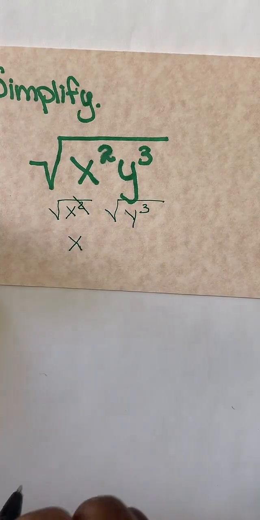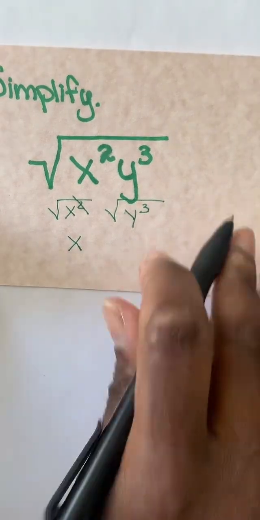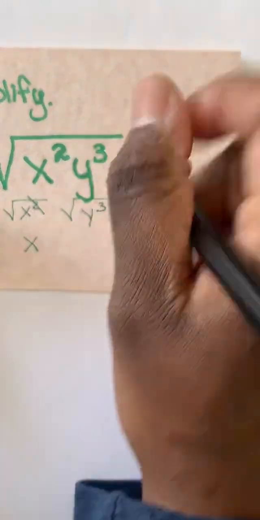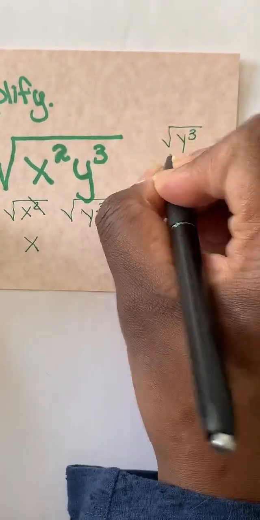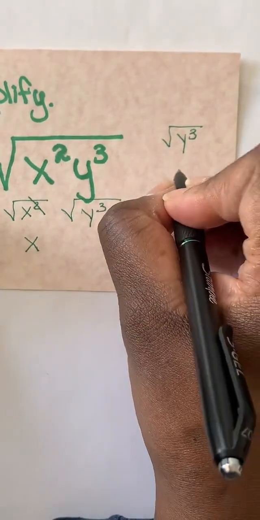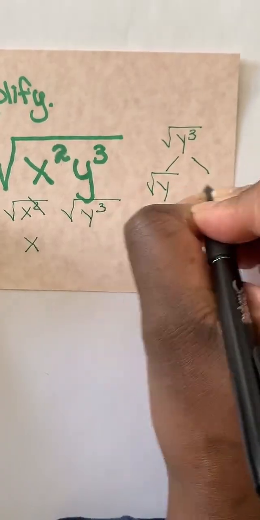So here's one way that we can do it. And there's multiple ways of doing this, right? One way, if I wanted to break down the square root of y to the third, I can split it up, almost like a factor tree.